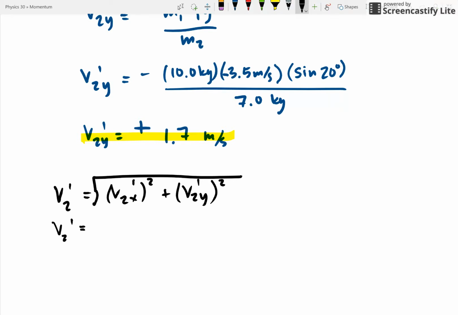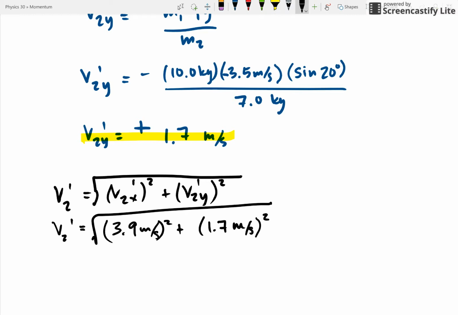Substituting in, we have 3.9 meters per second squared and 1.7 meters per second squared, square root. On the calculator, 3.9 squared plus 1.7 squared, and square root of our answer, I get 4.25, so 4.3 meters per second.